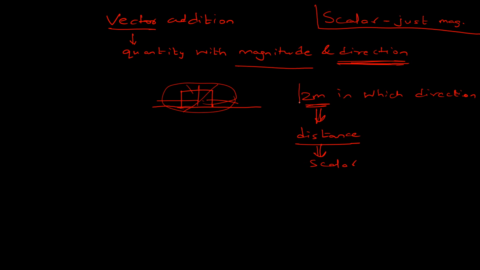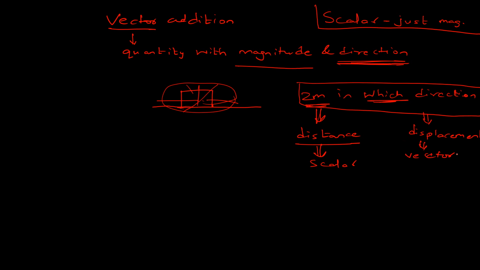But 2 meters in a specified direction, this is going to be displacement. And that is going to be a vector. So that is the difference between a scalar and a vector, and that is also the difference between distance and displacement.